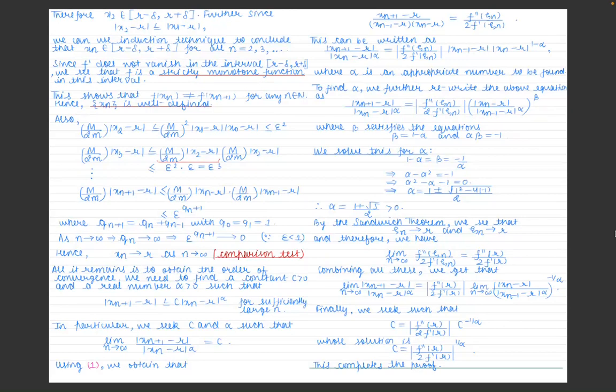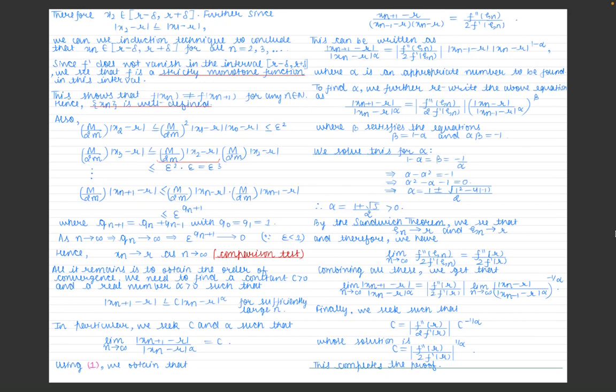So this shows that f is 1-1. What does it mean? That f of xn cannot be equal to f of xn plus 1, because xn is not equal to xn plus 1, for any n in the natural set. Hence this xn is well defined.